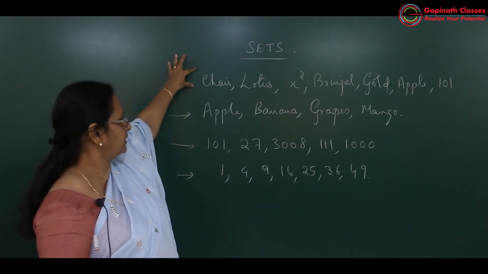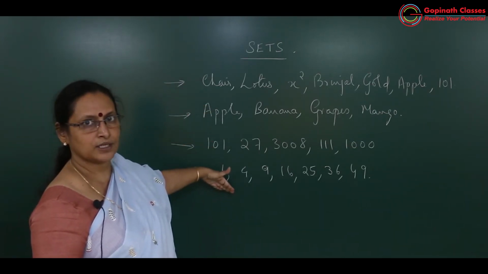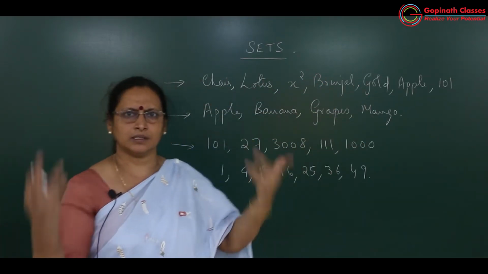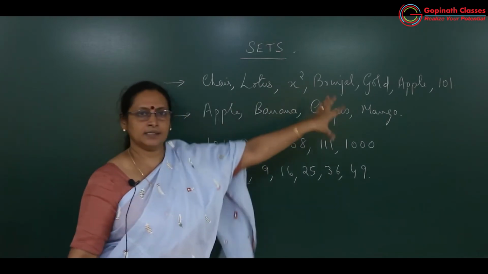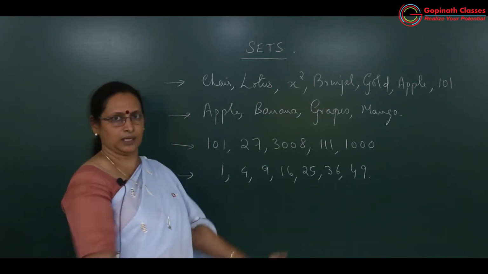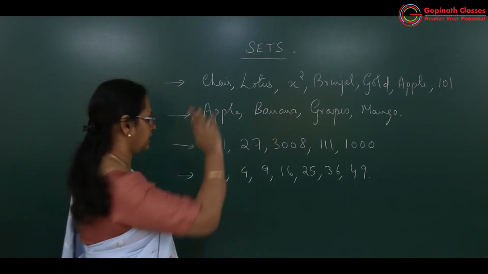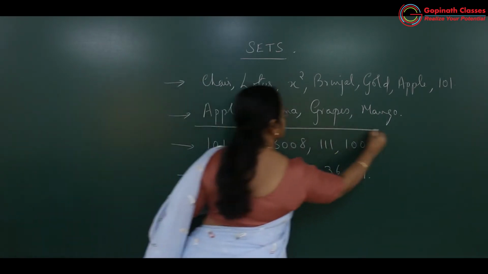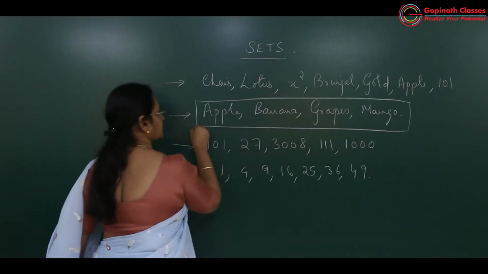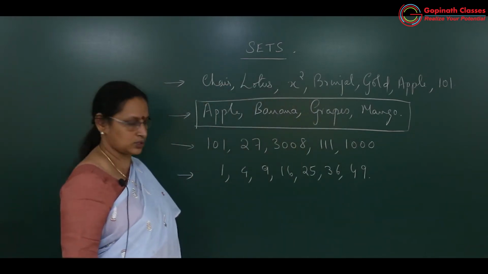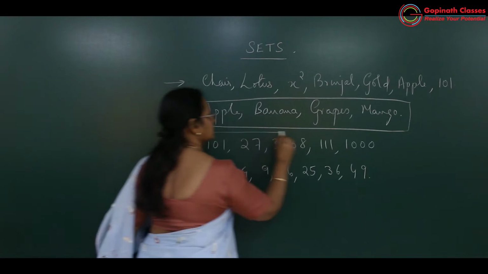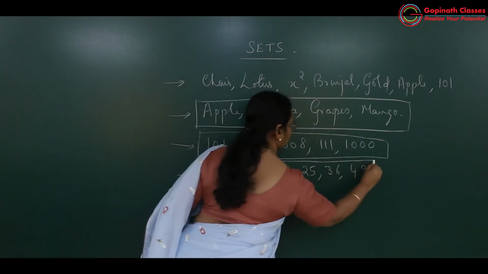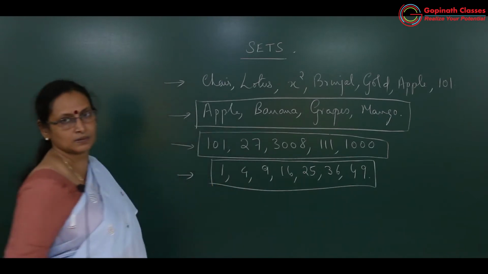Look at the first one and these. What is the difference? The first one was a collection of many things, whereas this is a particular collection that is well defined. Here comes the word well defined. This is a set of fruits, these are sets of numbers, these are sets of perfect squares.